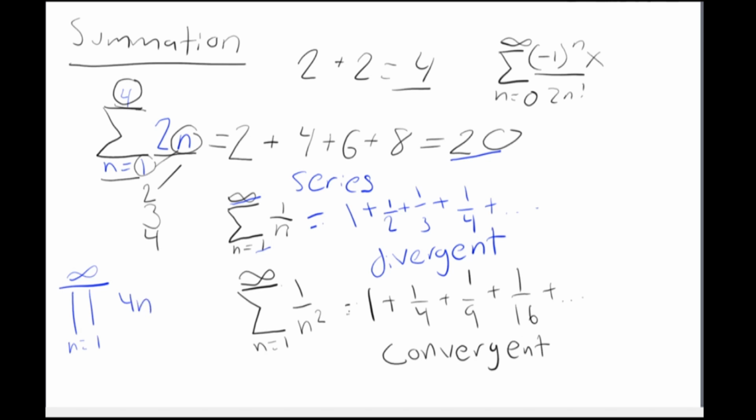So if this is our product here, this capital Greek pi is for product, not to be confused with the constant pi, and it works just like the summation, except instead of adding between the terms, we're going to multiply. So this is 4 times 8 times 12, and so on and so forth. So that's just the same idea. It's a very similar notation, and I thought it'd be useful to introduce that alongside the sum.